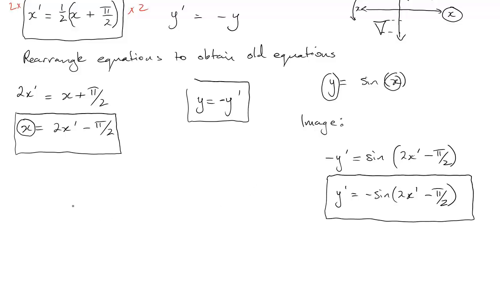So if you have a value that you now want to find for y, and you've got an appropriate x value, you can substitute it into this formula. So this is the equation of the image. Okay, so that's essentially how you build the new transformed equation.